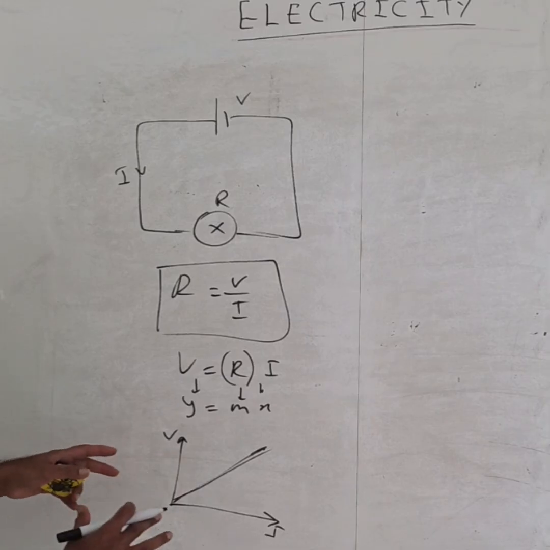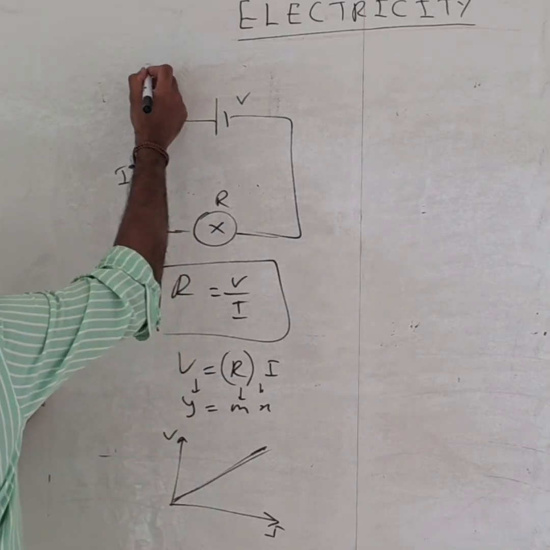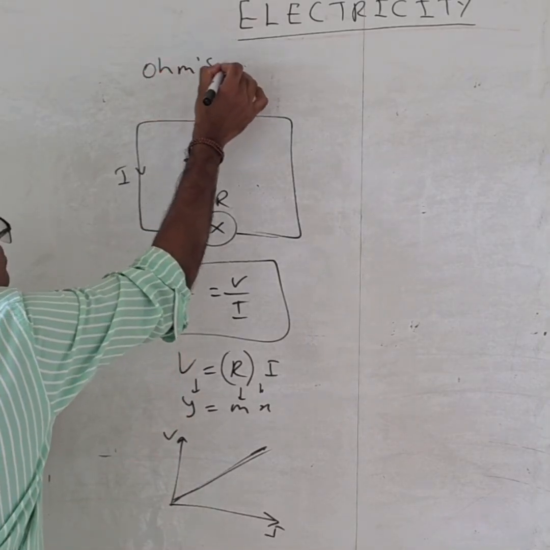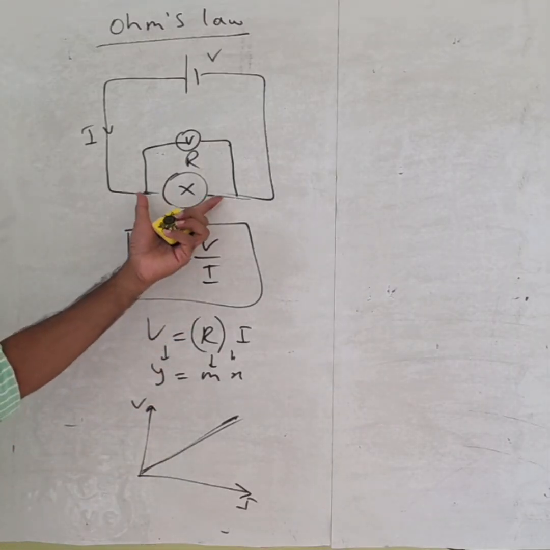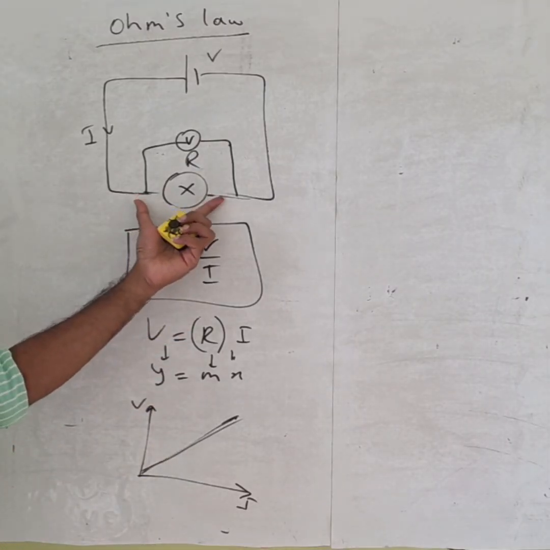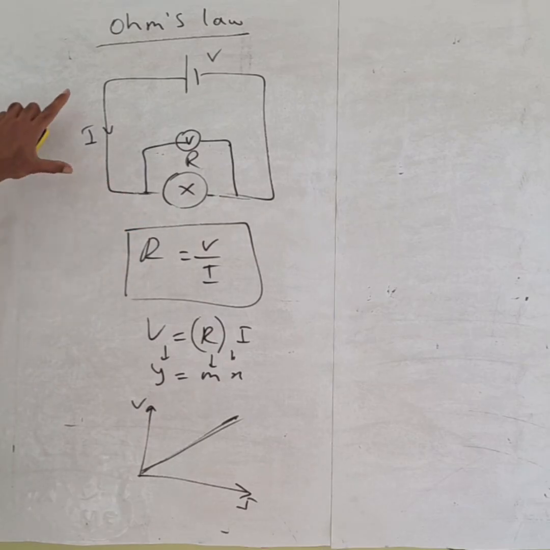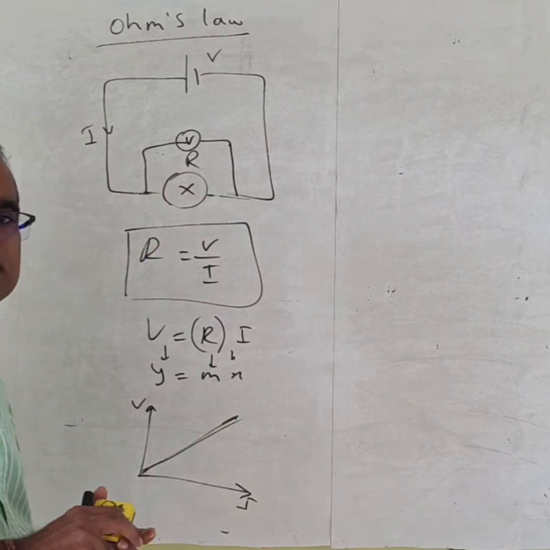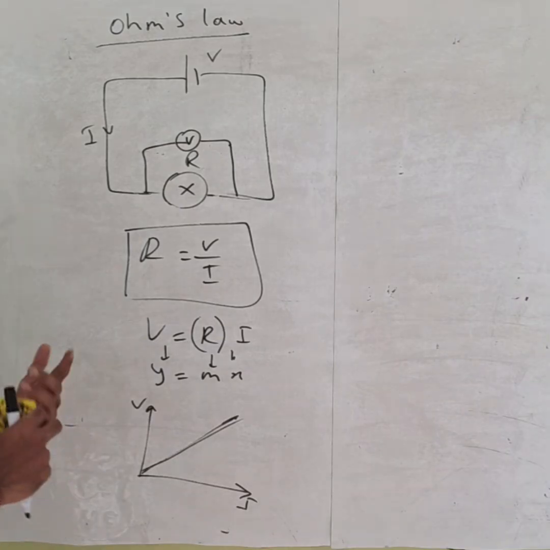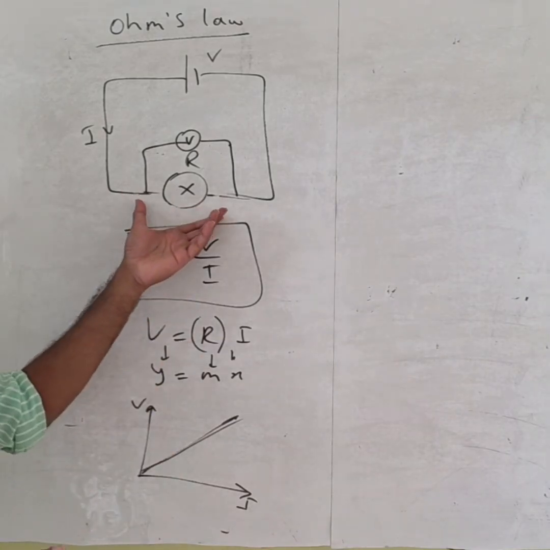From here there's a law called Ohm's law. Ohm's law says the potential difference across a metallic conductor is proportional to the current passing through that conductor if the physical conditions do not change. The physical conditions mainly means the temperature.